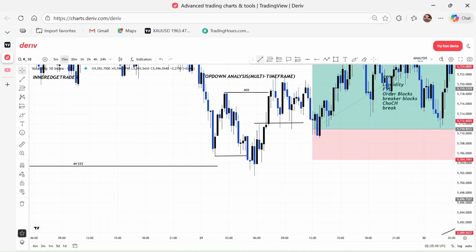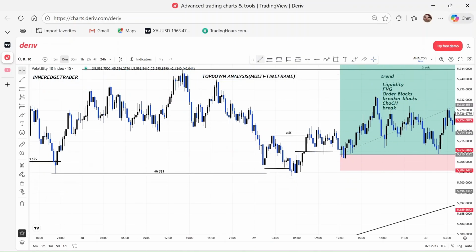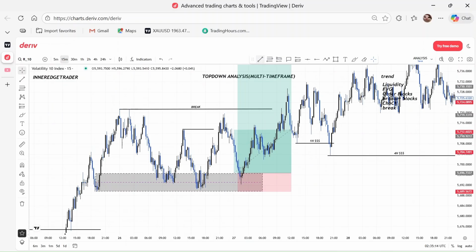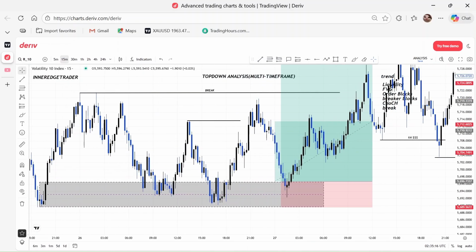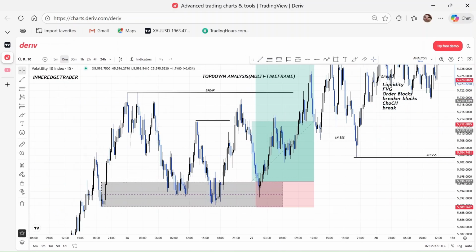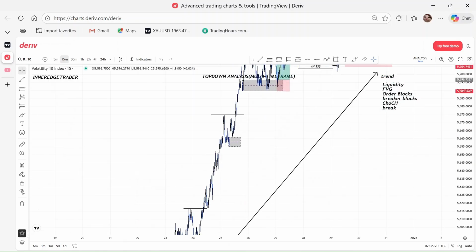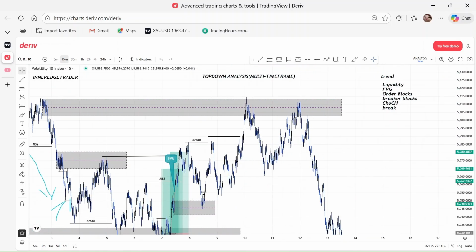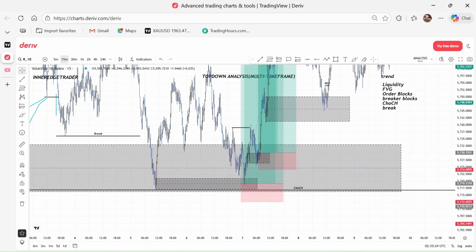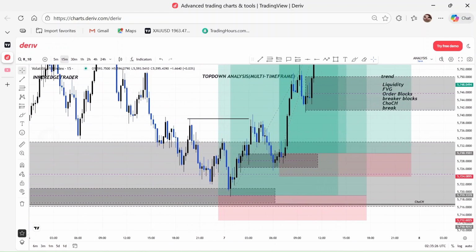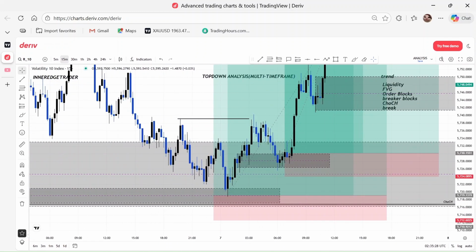This is where the market shifted from, and that's where the market retested from. Same thing here, an order block. So the market is just going to keep making all those structures for you so you understand. Even if you look at it on the lowest time frame, this is the market structure shift that happened.